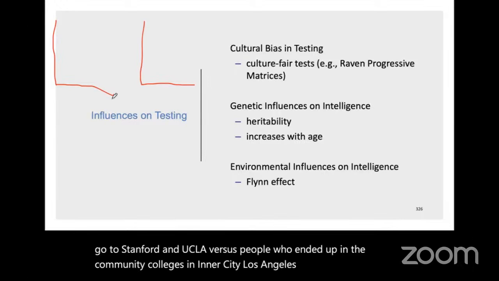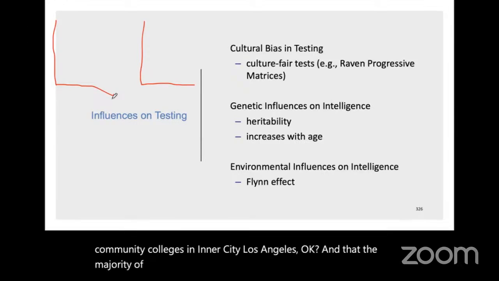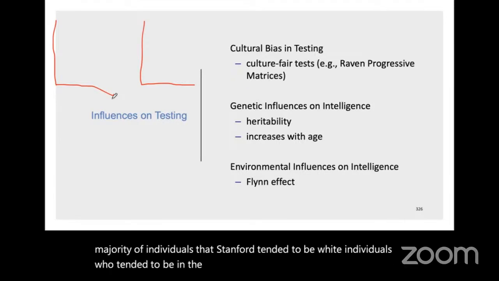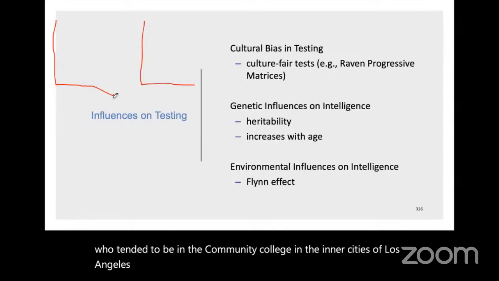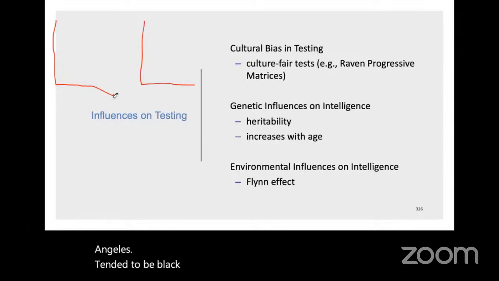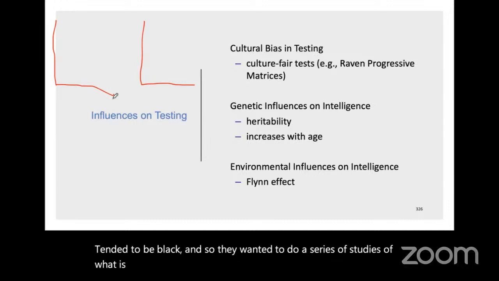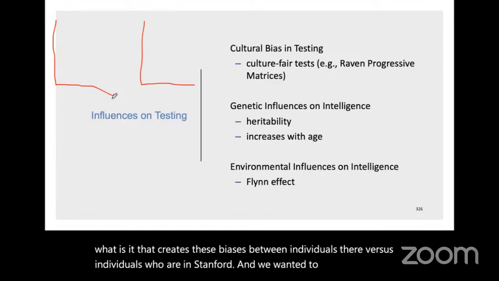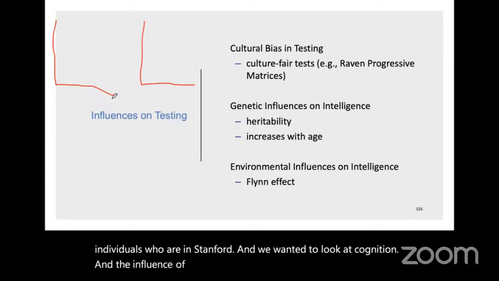And that the majority of individuals at Stanford tended to be white, individuals who tended to be in the community college in the inner cities of Los Angeles tended to be Black. And so they wanted to do a series of studies of what is it that creates these biases between individuals there versus individuals who are in Stanford. And we wanted to look at cognition and the influence of individuals' presence, okay?